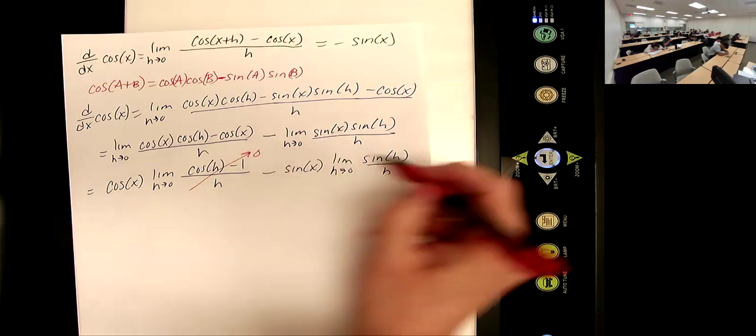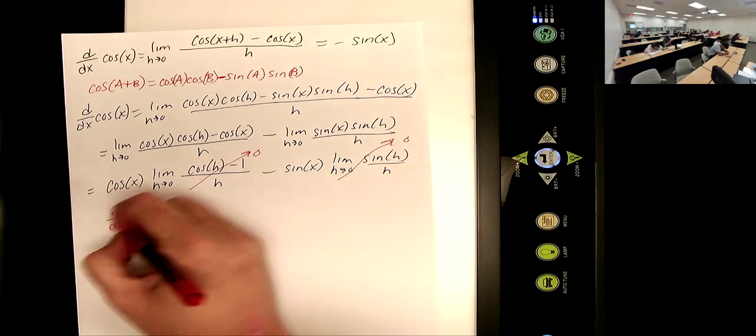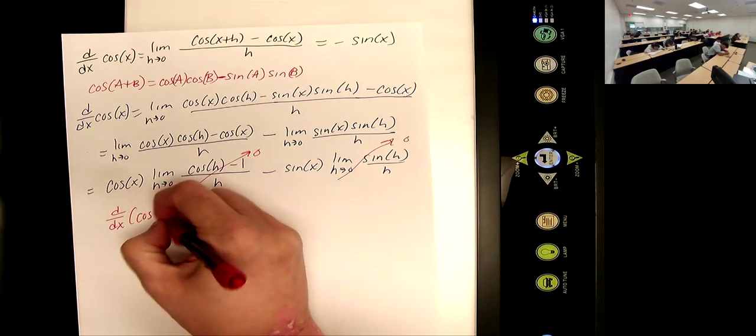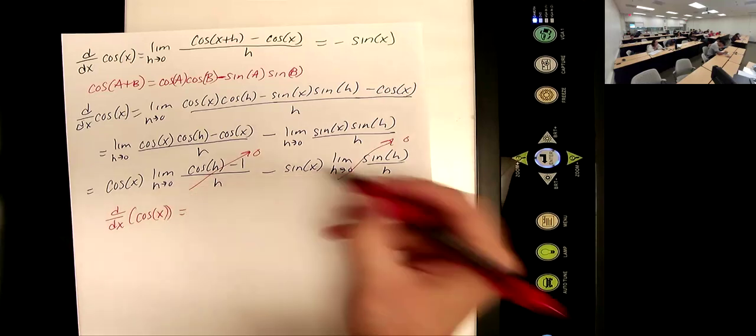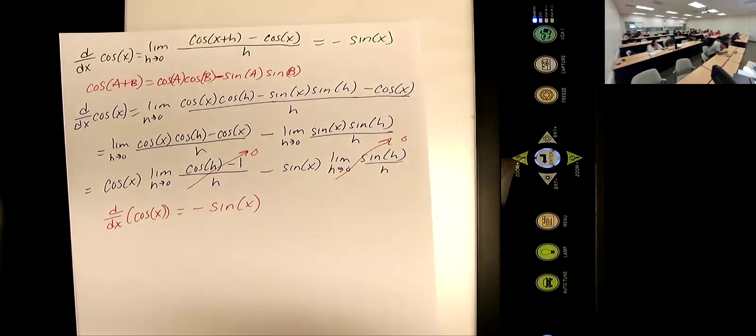That was 0 and that was 1. So d/dx of cosine x is negative sine x. Very similar to the sine x one. The derivative of sine is cosine, and the derivative of cosine has a sign, you just have to remember which one turns negative. That's the only real trick to remember.